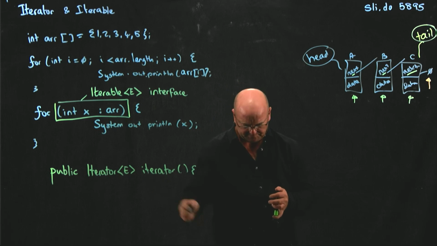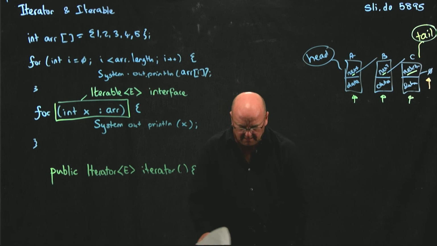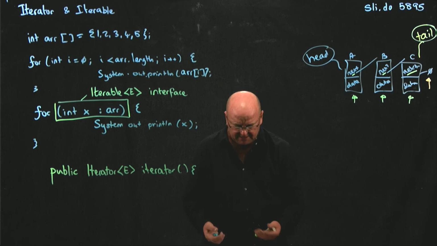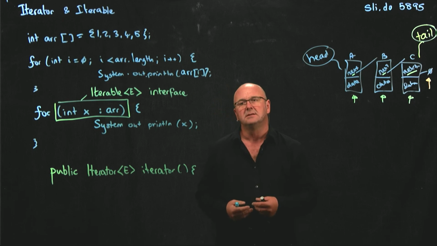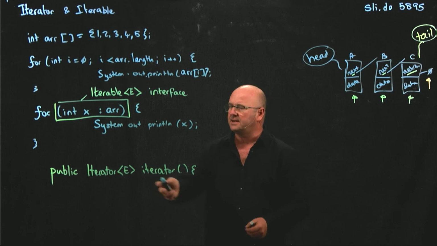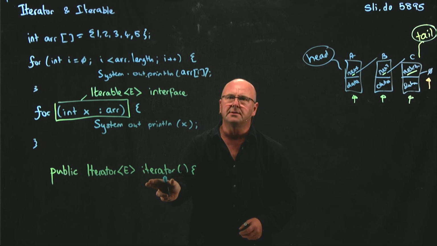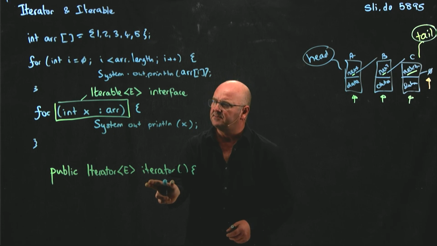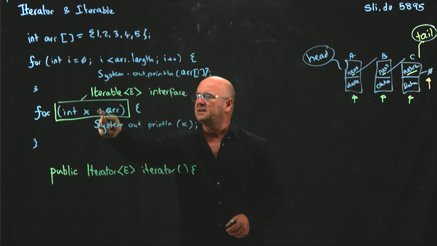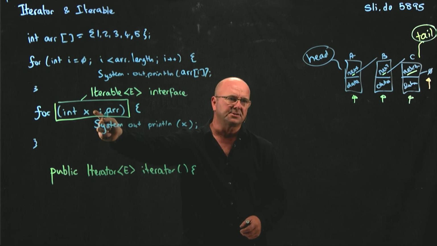Okay. And what that says is that we're going to have a class that implements the Iterator<E> interface, and we're going to give you an instance of that class. If we give you an instance of that class, you can use this shorthand code.